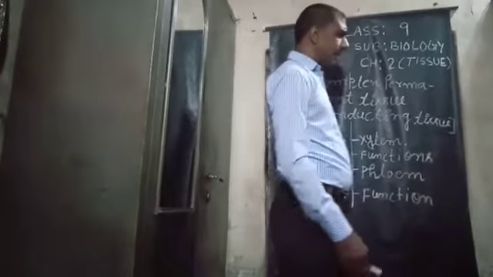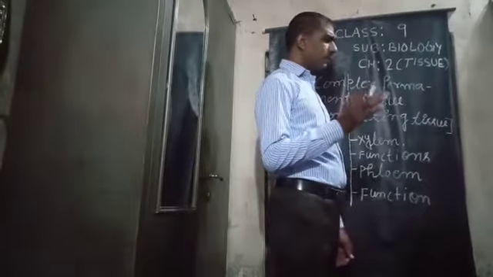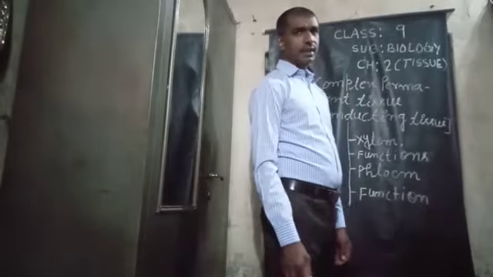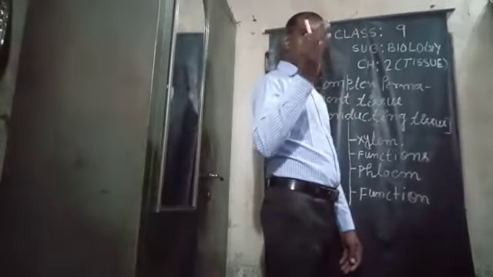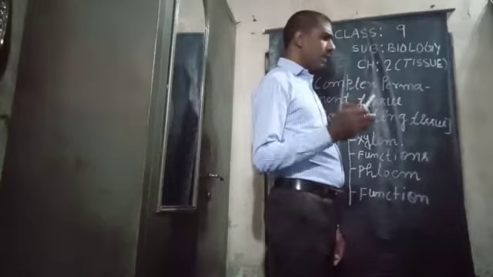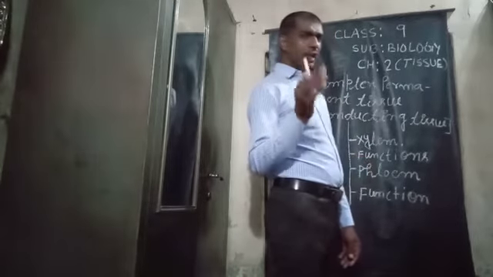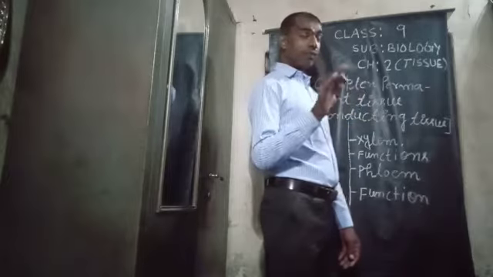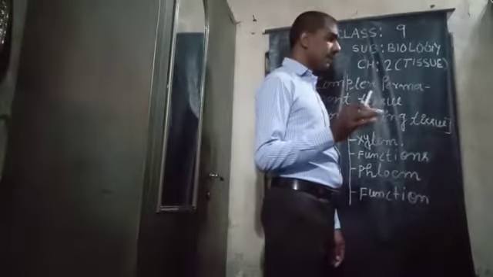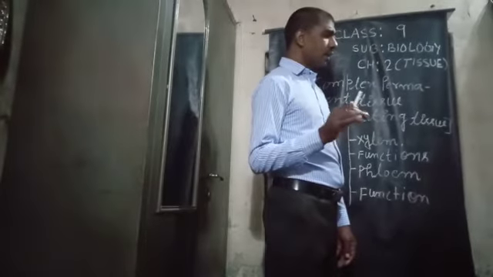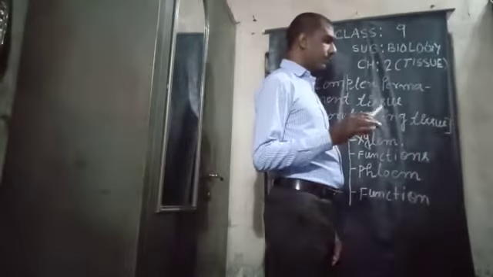Then it consists of 4 types of cells or elements. What are they? The 4 types of cells or elements of phloem are sieve tubes, companion cells, phloem parenchyma and phloem fibers.